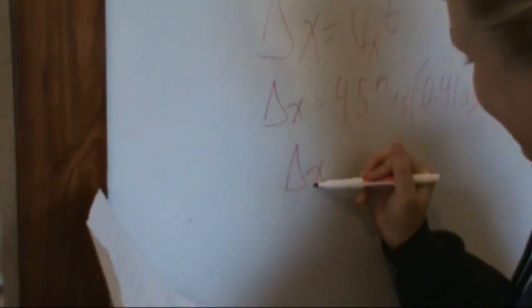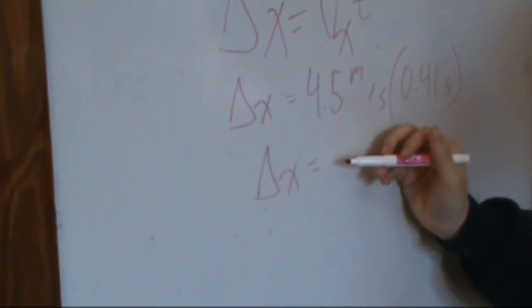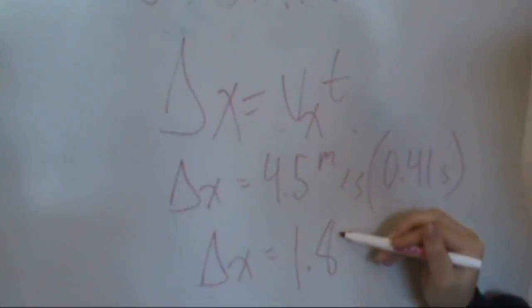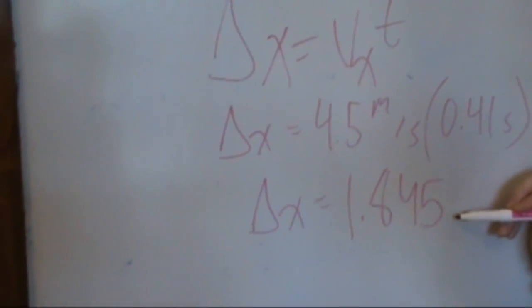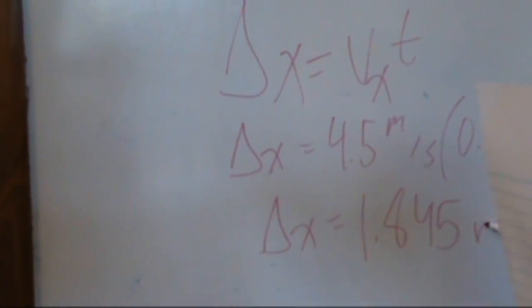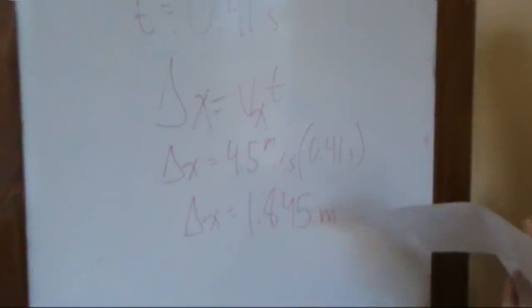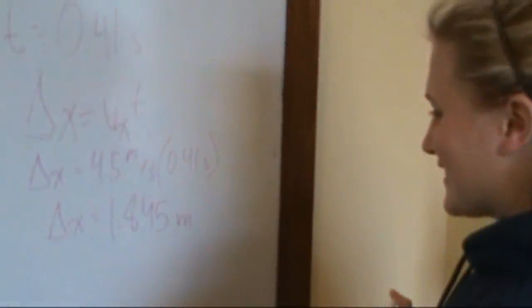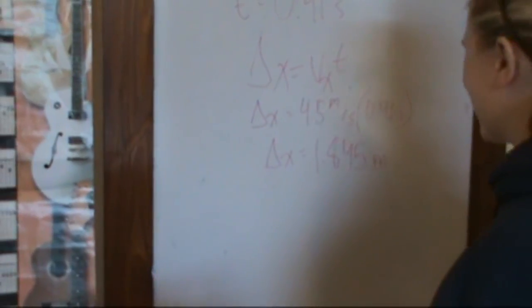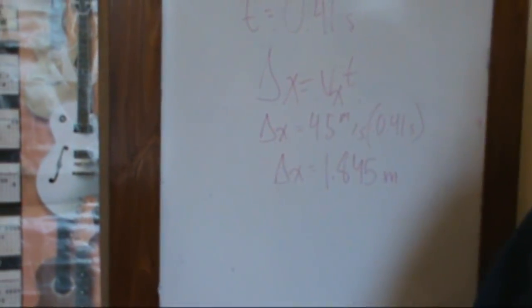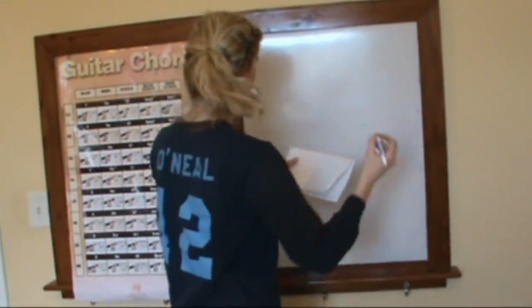So the change in x equals 1.845 meters. That's what it should equal. The horizontal distance should be 1.845 meters.